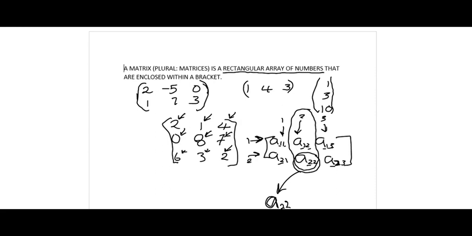Back to what I was saying about equality of matrices. When two matrices are equal, it means that the order or the size is equal. Take note, matrices are usually labeled with capital letters.